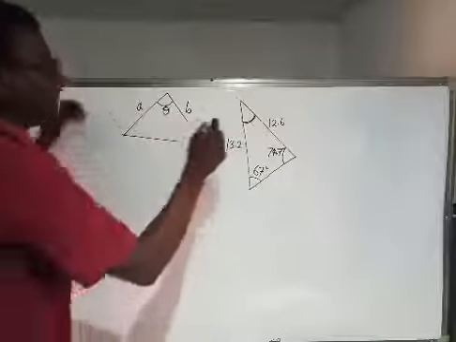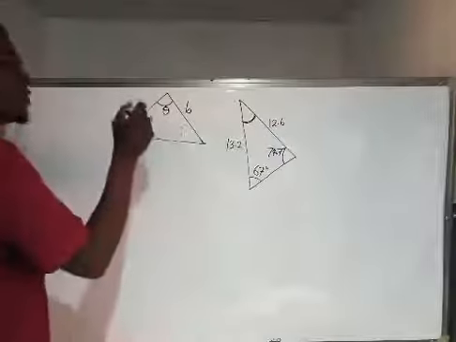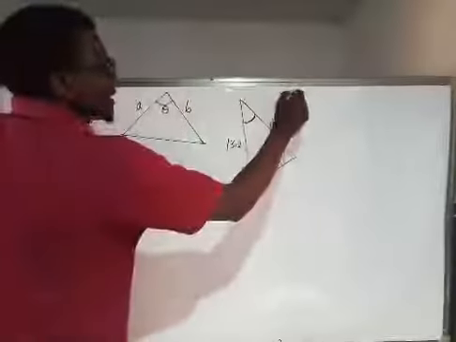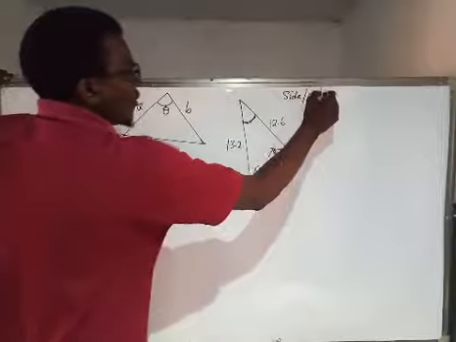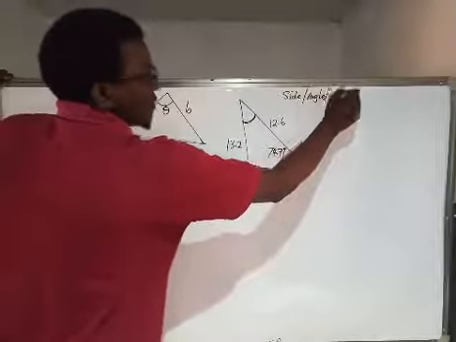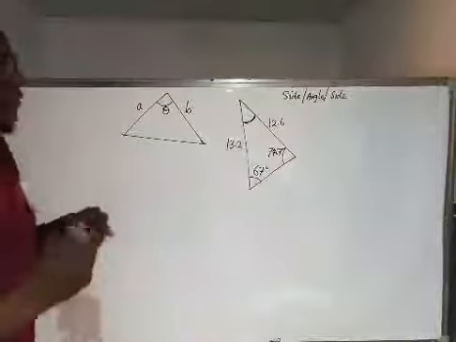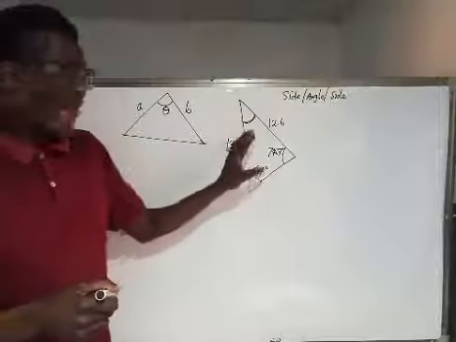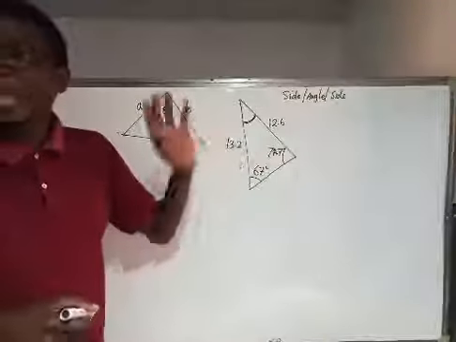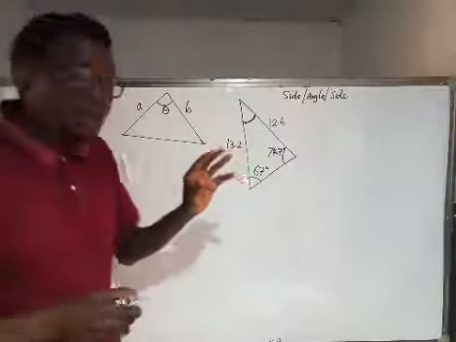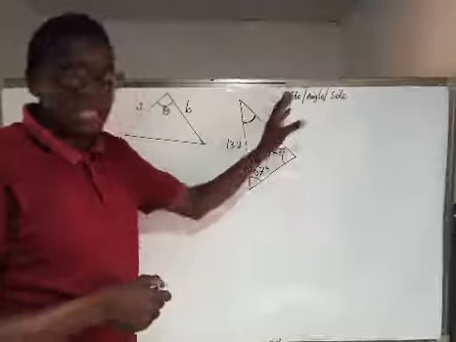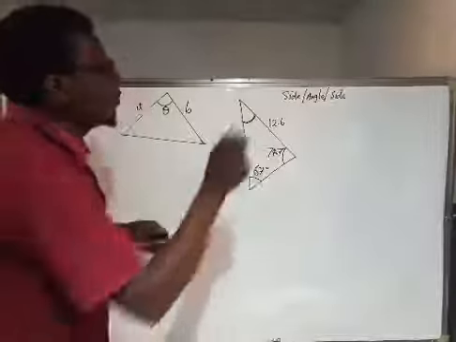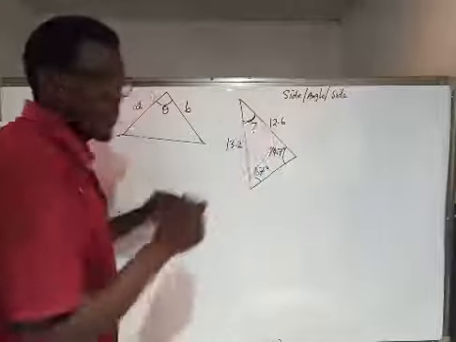Because the condition for area is that it should be side, angle, side. If you look at this situation here, we do not have the side, angle, side directly. This question requires that we must first of all find this angle.